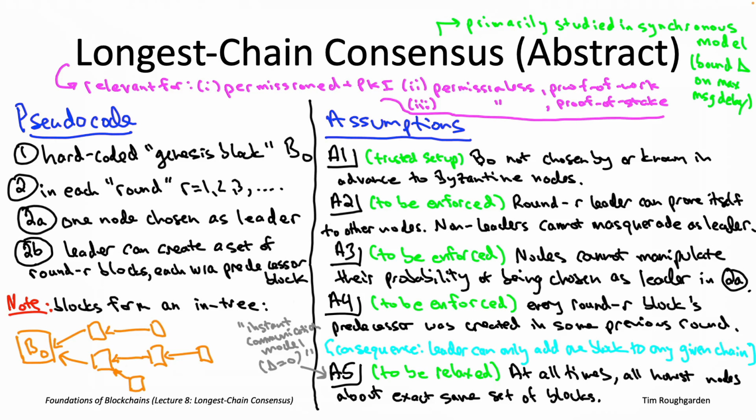Because remember, we had this nice idea that to qualify as a puzzle solution, little x has to not just hash to something small, but it also has to encode valid choices for what that node would do in what we were calling step 2b, were it to be elected a leader. In particular, an honest node is supposed to propose just one block, with one predecessor. So we force you to pre-commit to one block, one predecessor.